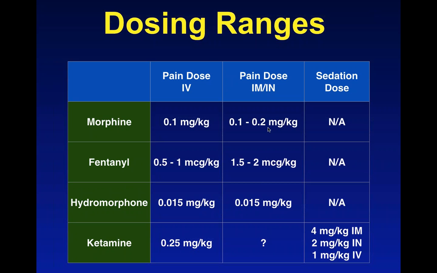And then when you go to IM and IN, the numbers start to change a little bit. And when you go for sedation, a different indication for the same exact drug, now you have a whole different regimen, and the numbers vary based on IM, IN, and IV for ketamine. We know that. What I was trying to point out on this particular slide is that depending on your medical director, and depending on the concentration that you carry, all of a sudden the numbers are very different, and not only are they very different, but they're very small.